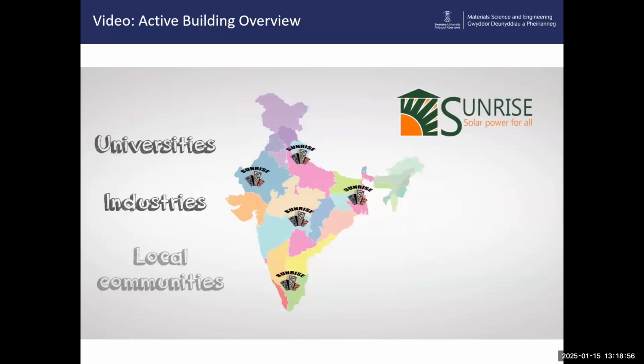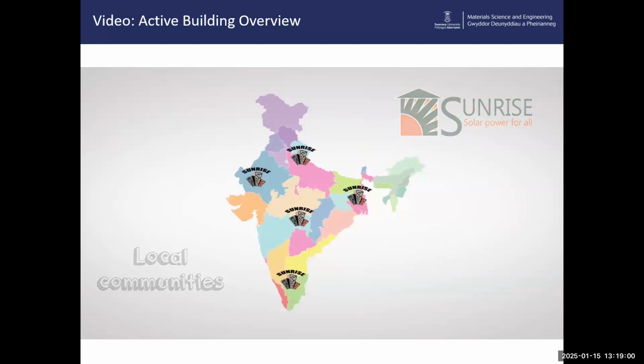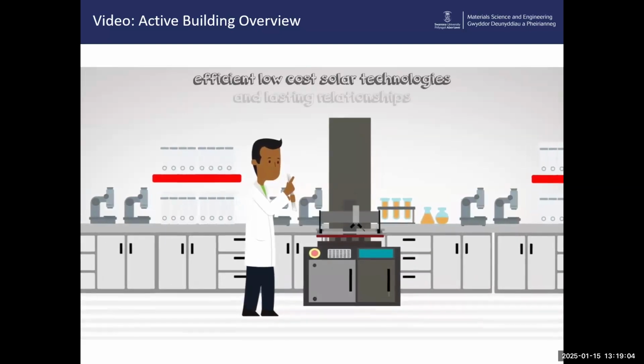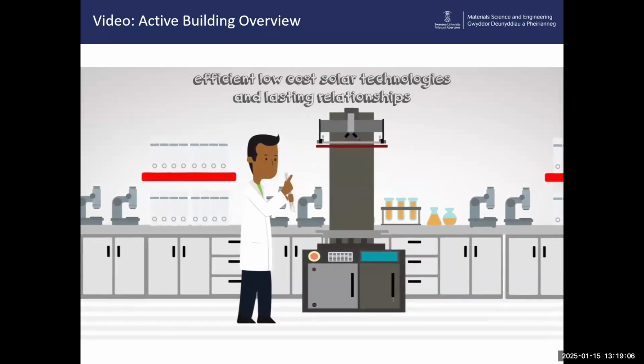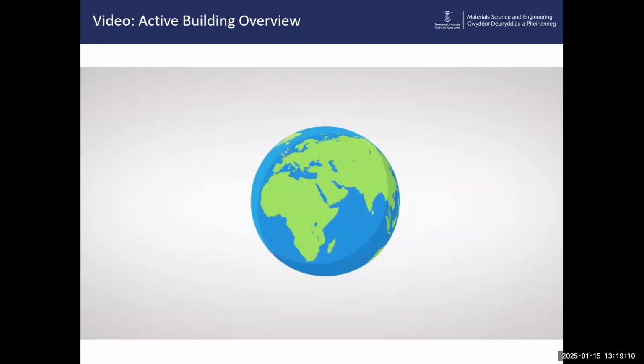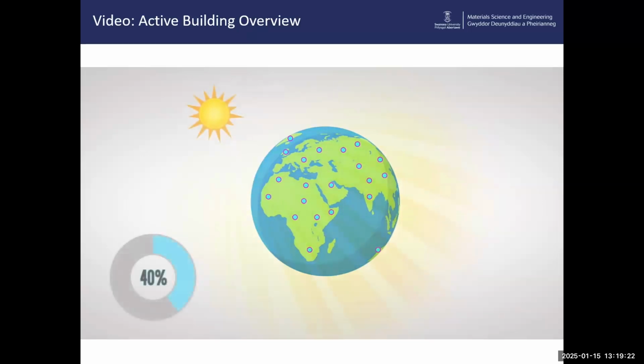The project will work with local communities to build at least 5 demonstration buildings in rural India. It will develop efficient, low-cost solar technologies and lasting relationships that help both countries to promote low-carbon buildings. Together, SPECIFIC, the Active Building Centre, SUNRISE and their partners are working to demonstrate how buildings can be designed differently, at scale, to reduce carbon emissions and to support change for the next generation.